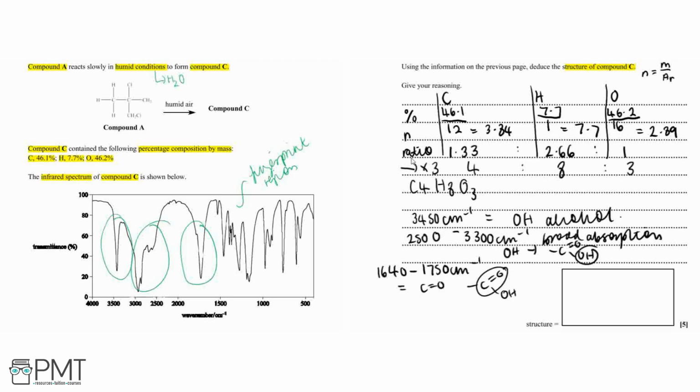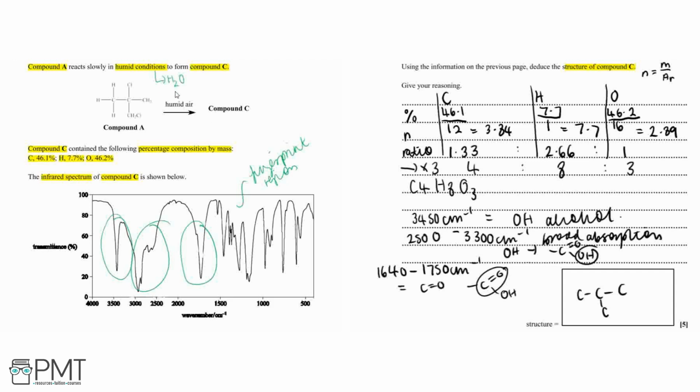So it's time to put all of this information together now. So looking back at our empirical formula, when we compare this to our compound A, they've got the same number of carbons. So therefore, a good deduction to make would be that this also would have the same number of carbons, hence this is also going to be our molecular formula. So if we draw in our carbon framework then to start us off, we're sticking with the same number of carbons.